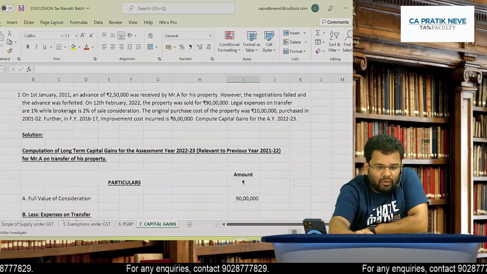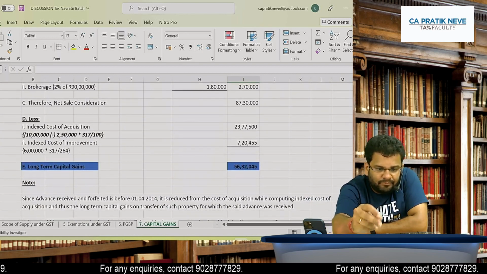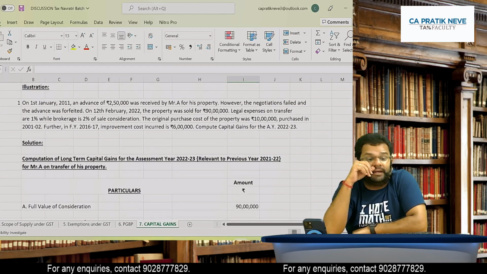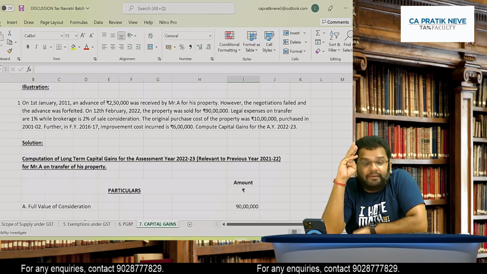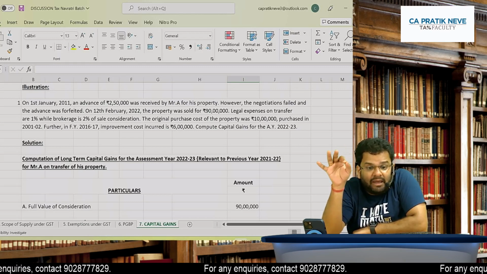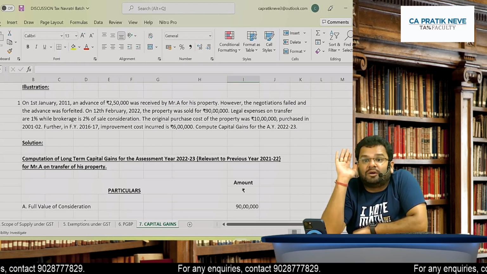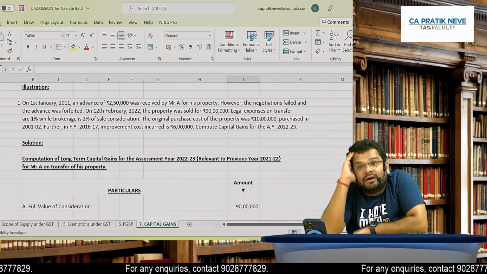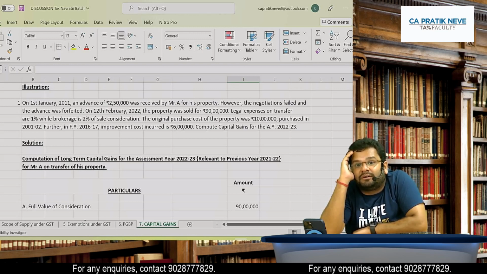What has happened? What has happened is in Jan 2011, advance of 2.5 lakhs was received by A for his property. Then law was bit complicated. Before 1st April 2014, law was complicated.